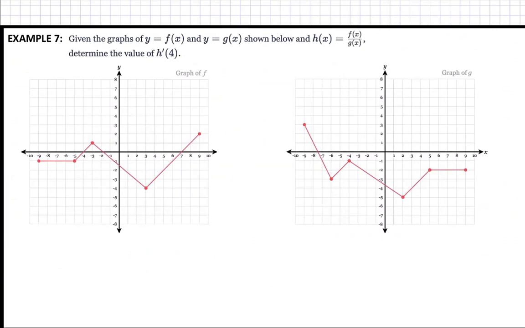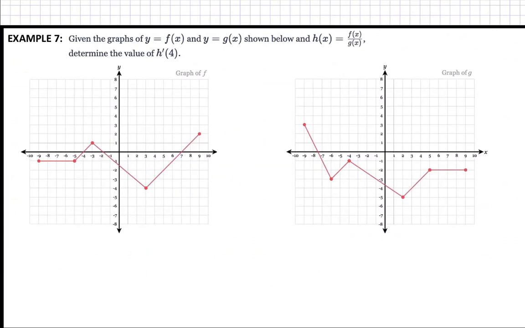Okay, so we have to figure out what we're going to do. Given the graphs of F of X and G of X, find H of X. H of X is F divided by G. Determine H prime of 4. What do you think the first step is I'm going to do? Just the first step.